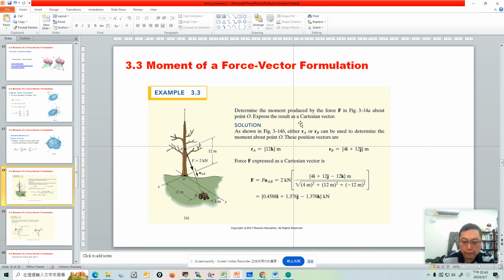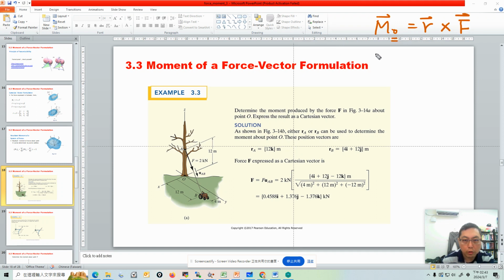So in the moment calculation, I just write a formula here. All we need to know is that the moment is r cross F, where r is from a reference point.